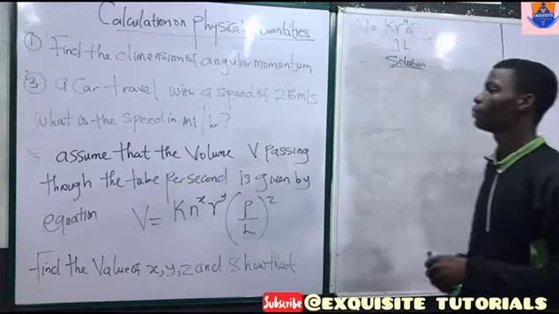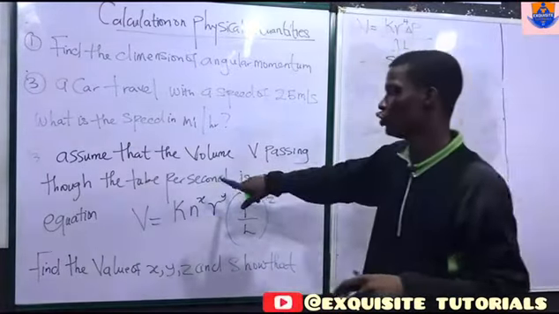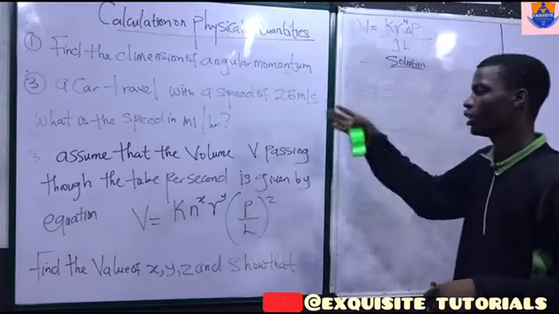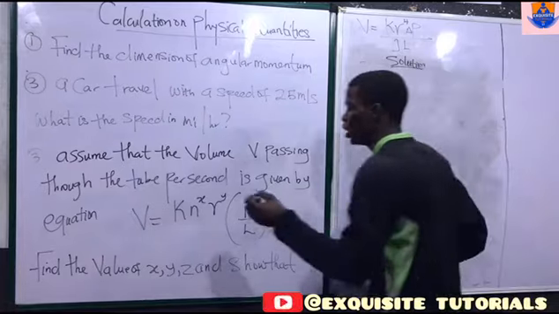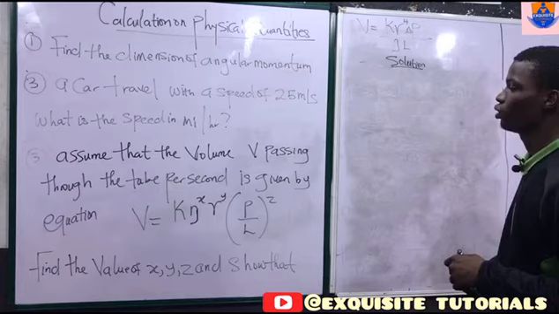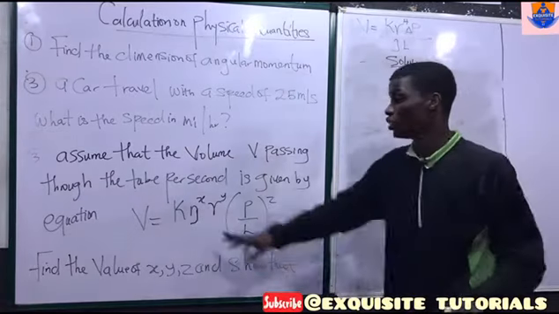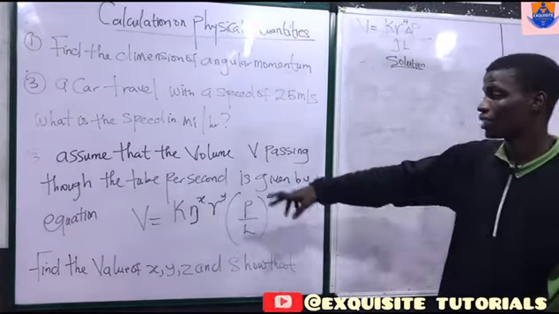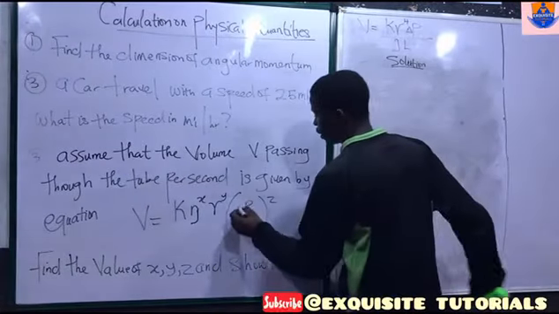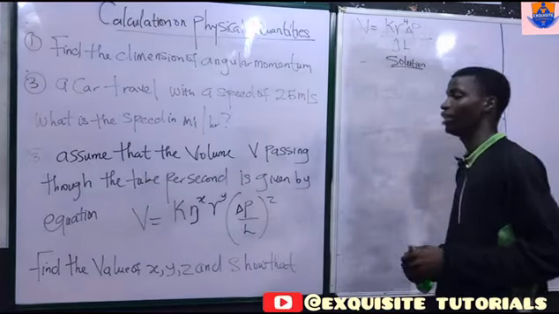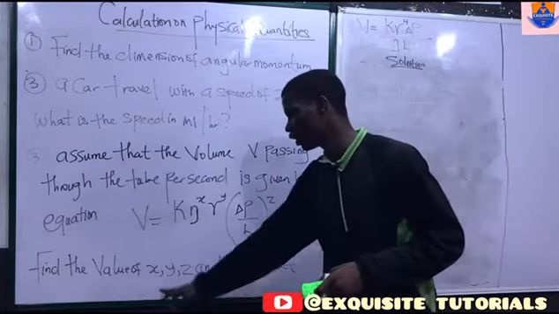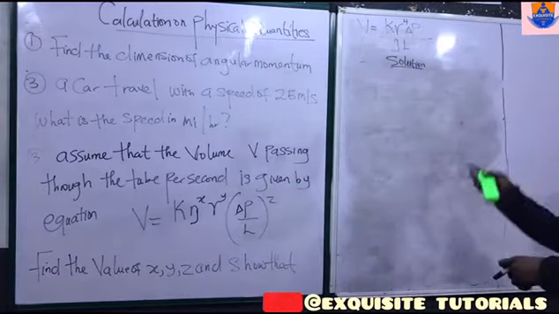The question said, assuming that the volume passing through a tube per second is given by the equation V is equal to K times the coefficient of viscosity, our mu, raised to power x, our r raised to power y, divided by bracket delta P, our change in pressure, over the length, raised to power z. We're told to find the value of x, y, and z. Let's solve for that first.